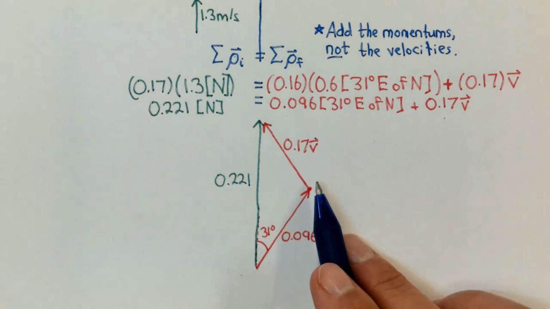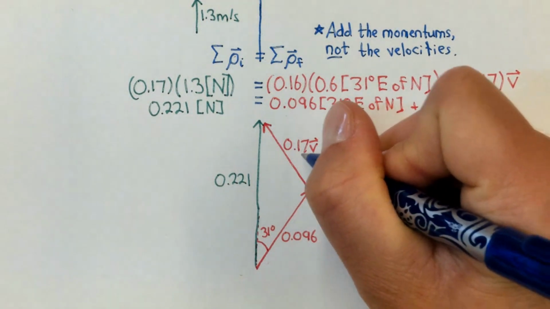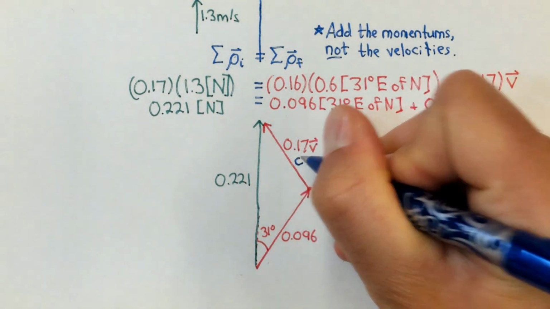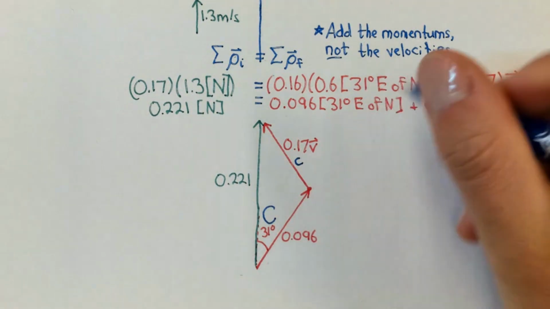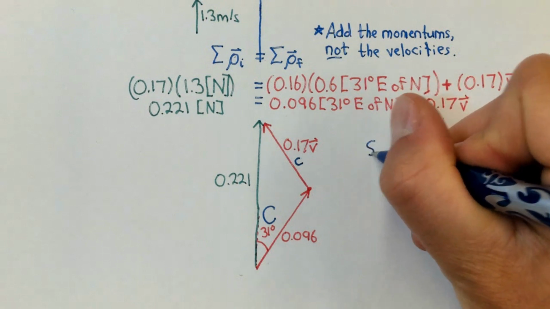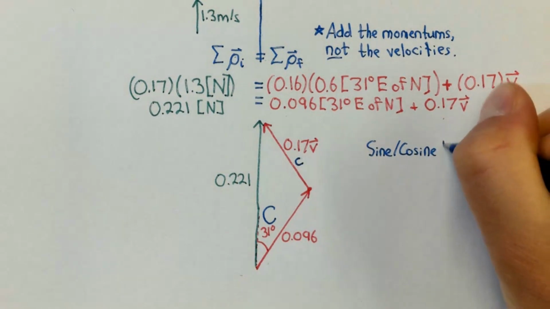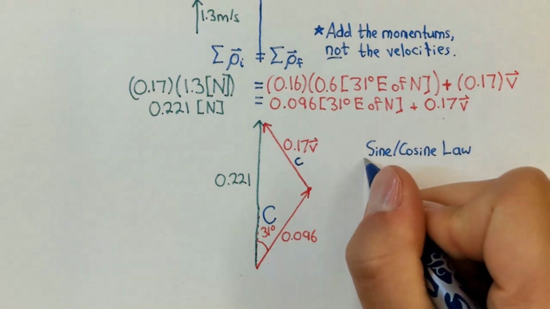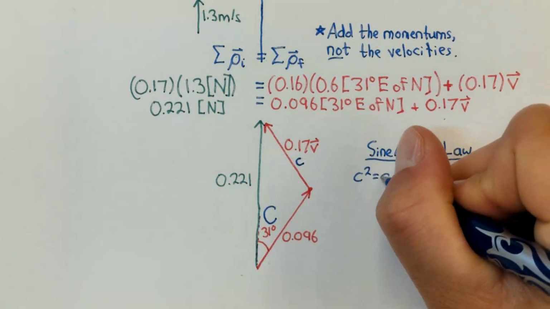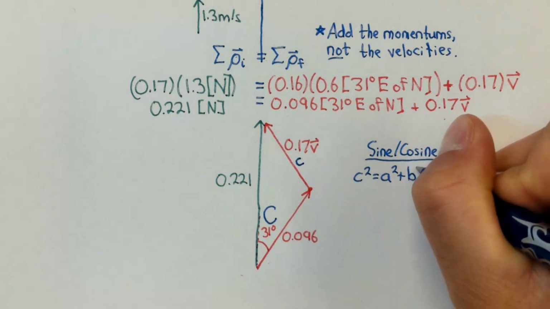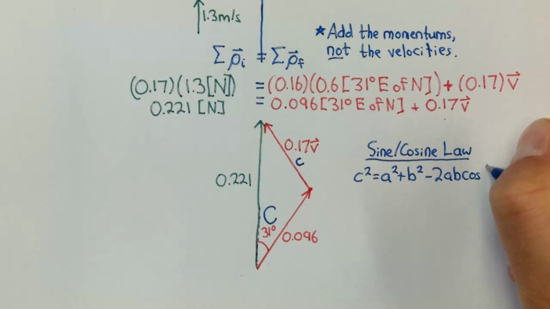So when I'm using cosine law to find a side, it makes sense to make the side I'm looking for side C, and then the opposite angle will be angle big C. So if I apply sine and cosine law, I get C squared equals A squared plus B squared minus 2AB cos C.